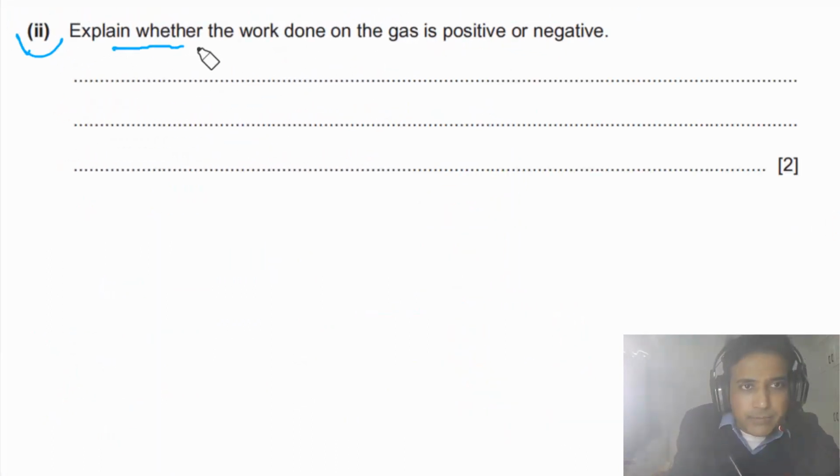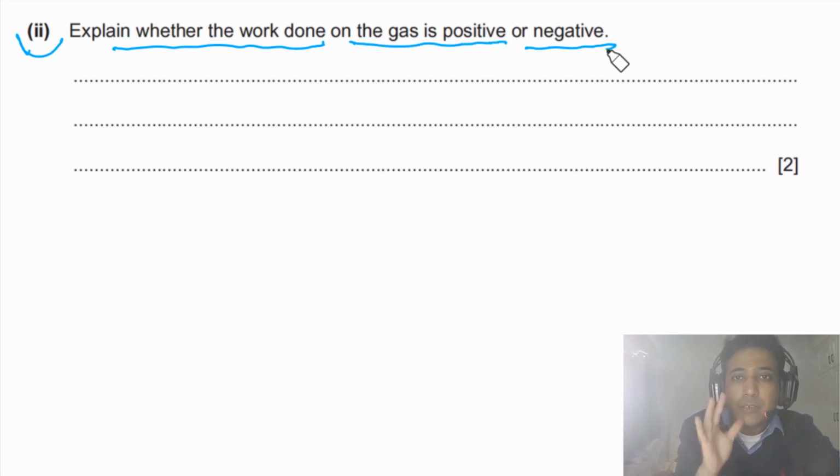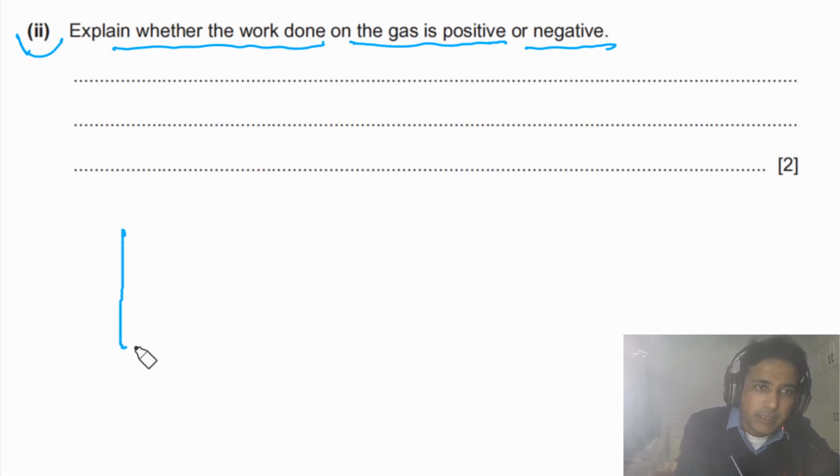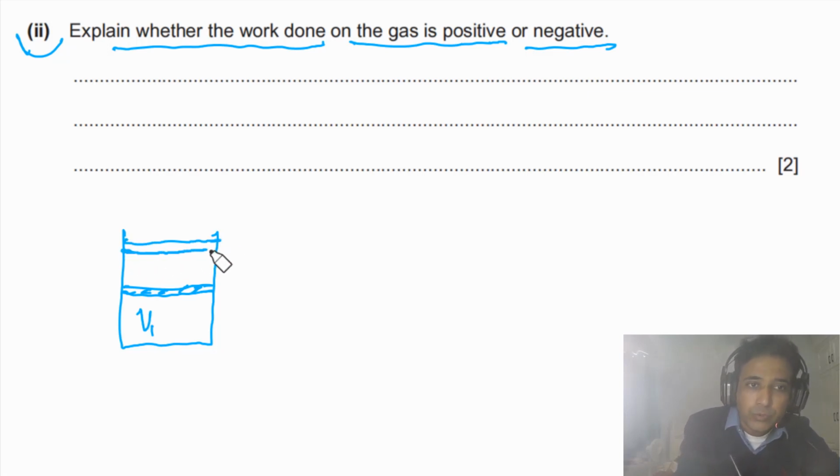The second part says explain whether the work done on the gas is positive or negative. We have already discussed this point, so let me highlight it a little bit and then we will answer this question. Here we have the cylinder. It was given to us that the initial volume is 0.038 and the volume of the gas increases to 0.063.